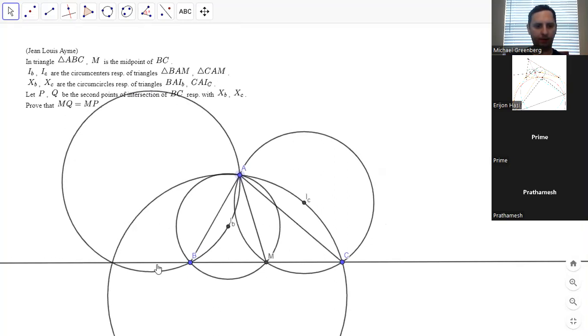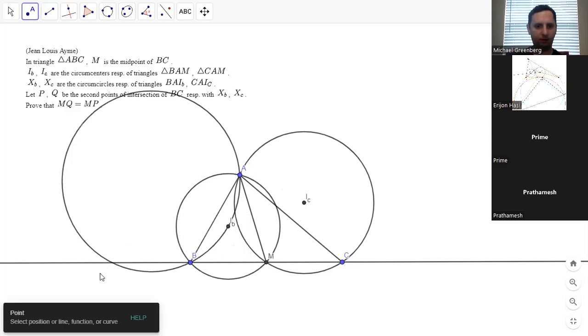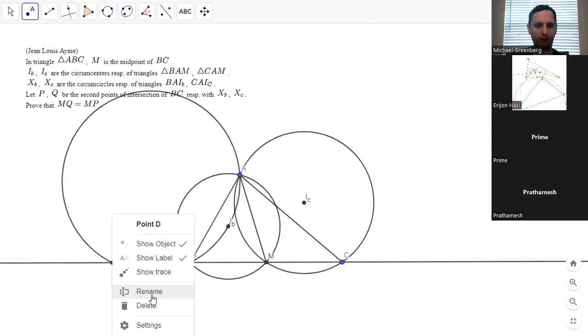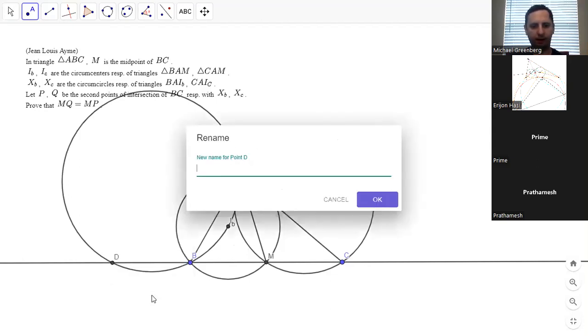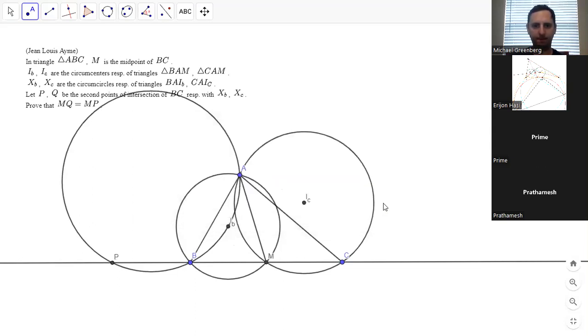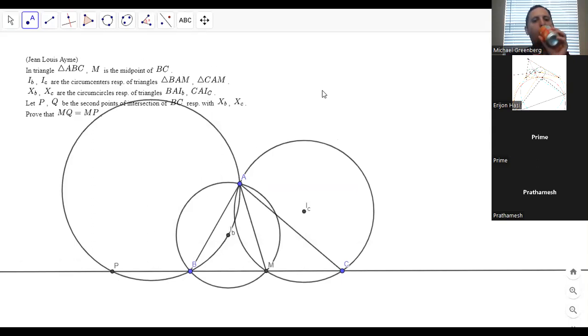So basically we want to show, if we call it P, then we want to show that CICAP is cyclic. Can we use the Miquel point? Maybe. It does kind of look a little like the Miquel point, right?